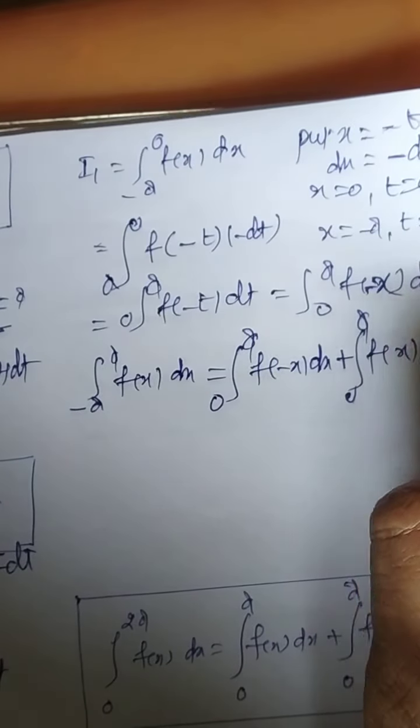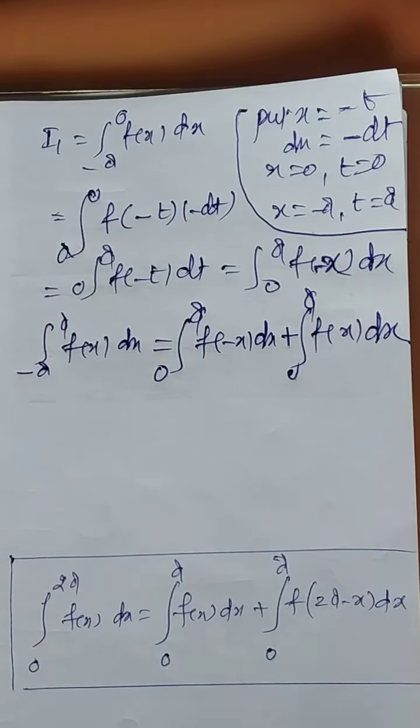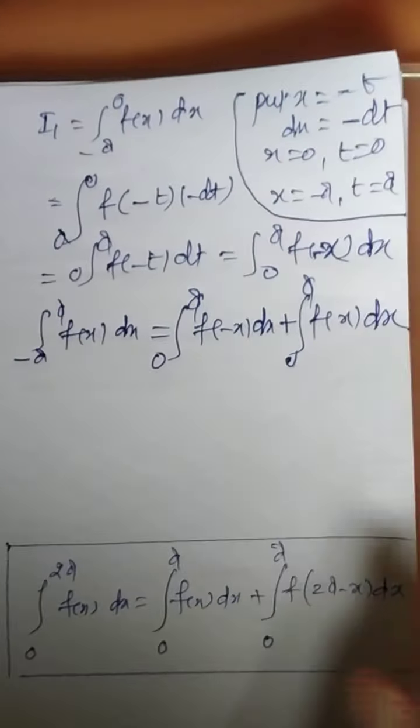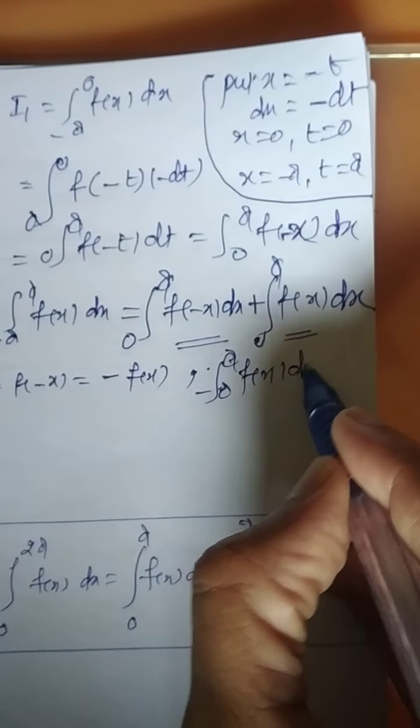This is nothing but the method of substitution which we have used. Now there are two remarks given in the question. If f of minus x is equal to minus f of x, then this expression and this expression will cancel, and the answer in that case is that minus a to a of f of x dx will be equal to 0.